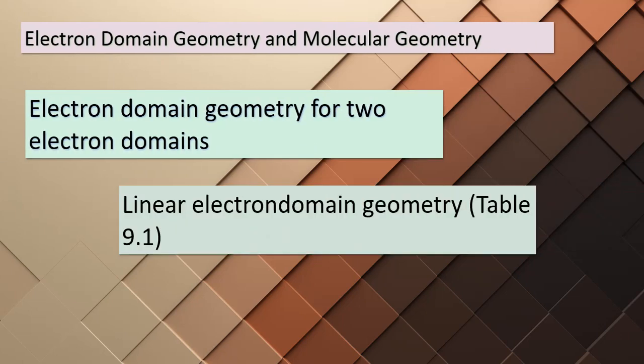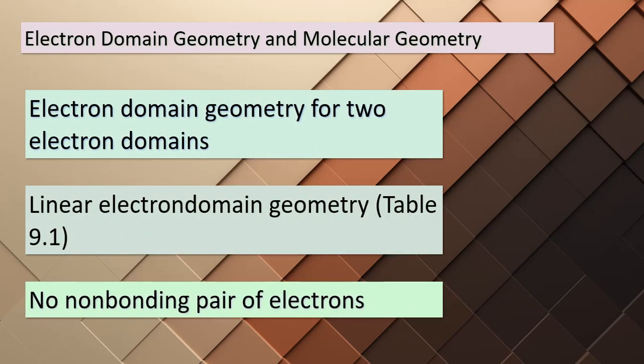Hello, dear students. Today, we're delving into the fascinating realm of electron domain and molecular geometry. Let's start by focusing on a scenario where two electron domains are present around a central atom. As per the information in Table 9.1, when we have two electron domains, they arrange themselves in a linear electron domain geometry. But how does this arrangement influence the molecular geometry?